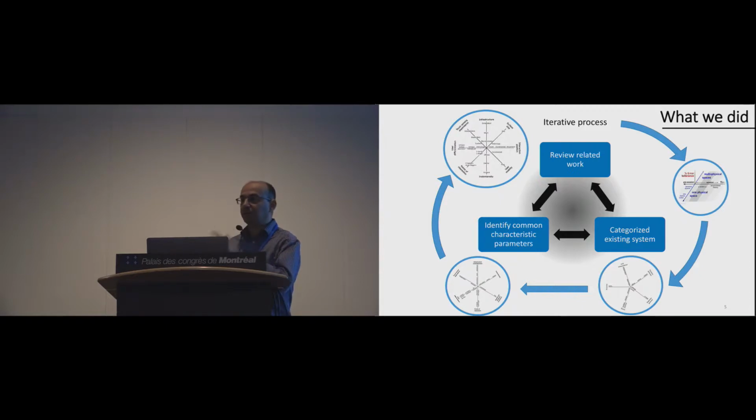But this was an iterative process, so the more papers we reviewed, the more we used them to refine the model and validate it, and we went on until we moved from a simple 3-axis model to an 8-axis radar chart. In the paper, we go through the methodology of the survey. I will not do that here, but I will just say we present the model first and then use it to structure the discussion of all existing approaches or systems for user identification.